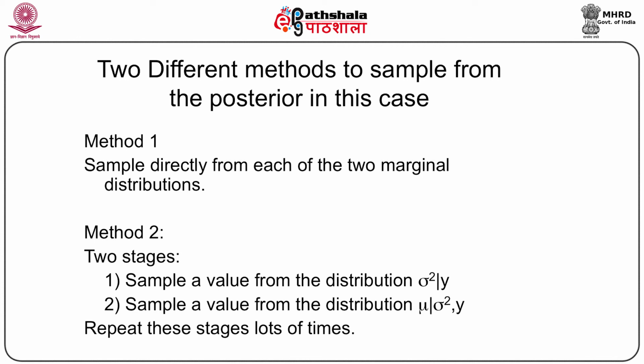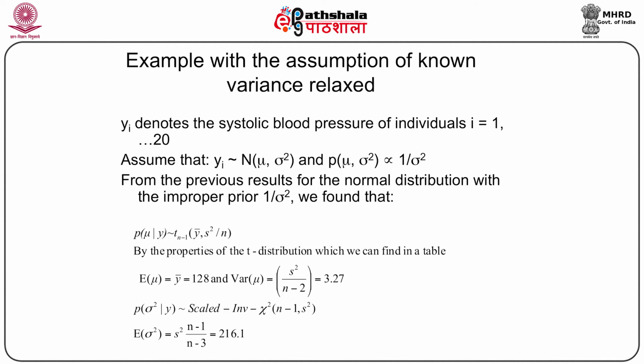Repeat these stages lots of times. The key point here in method 2 is very important because this will lead to the MCMC approach. So first we sample a value from the distribution of sigma square given y, and then we sample a value from the distribution of mu given sigma square and y.